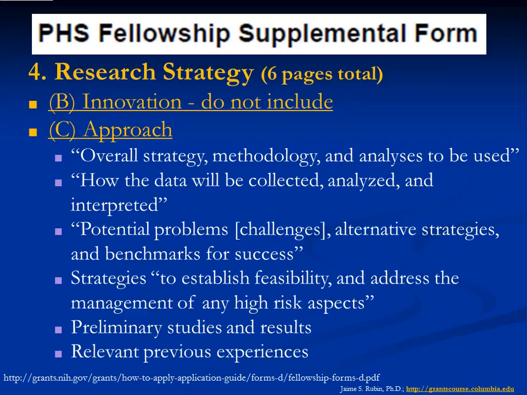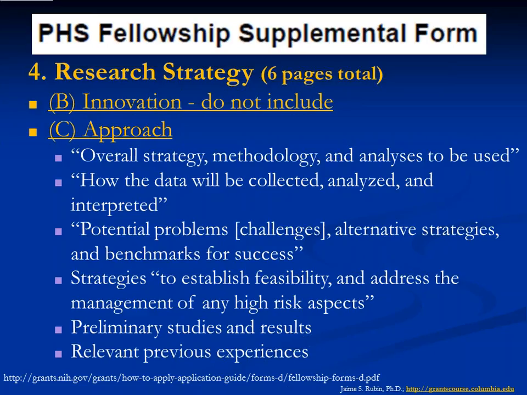Another aspect that is becoming more and more important for NIH grant applications is rigor and reproducibility, sort of the statistical design of the study and the statistical analysis of the results. And if you look at the second bullet from the bottom, preliminary studies or results. This is very important and would strengthen any grant application.